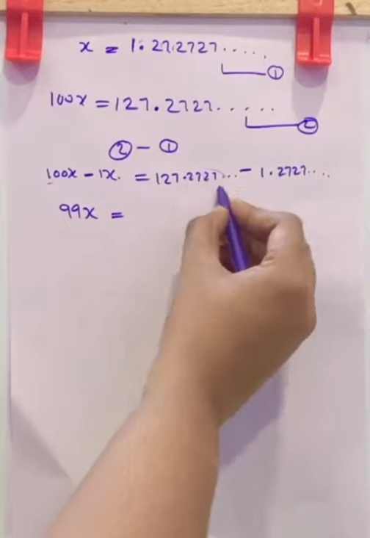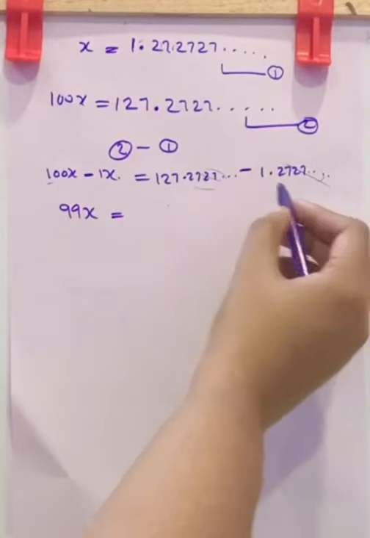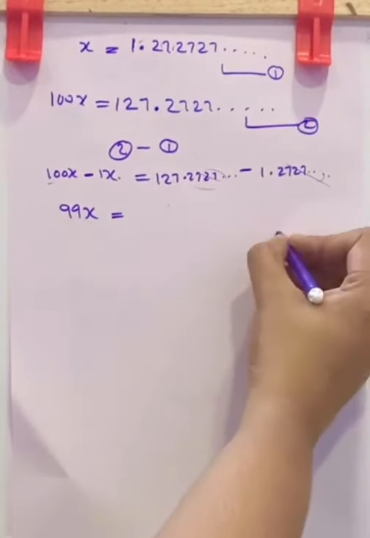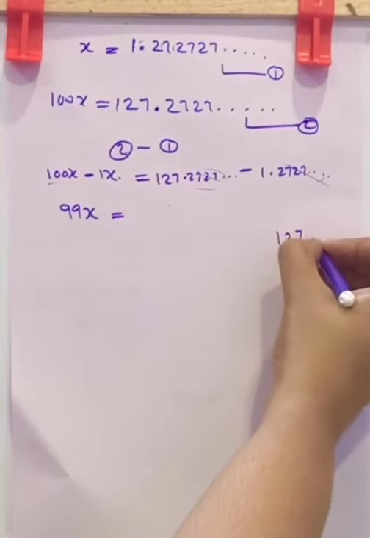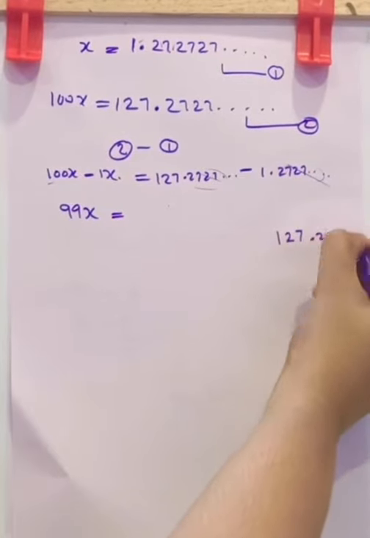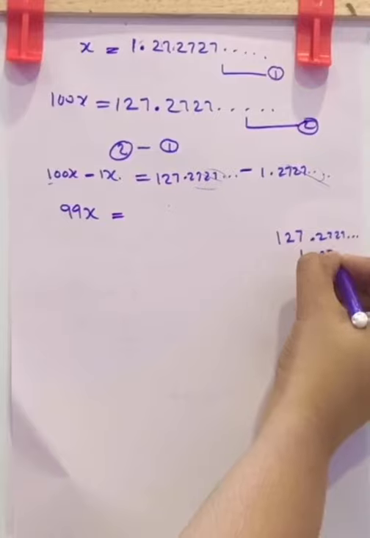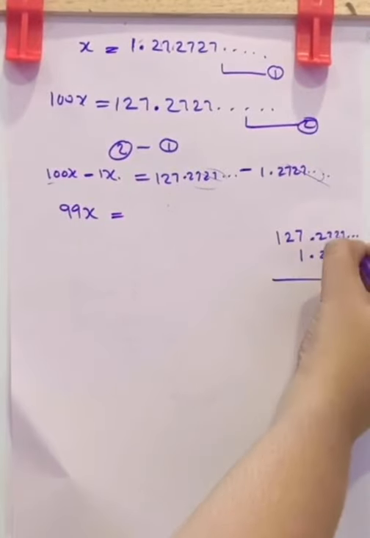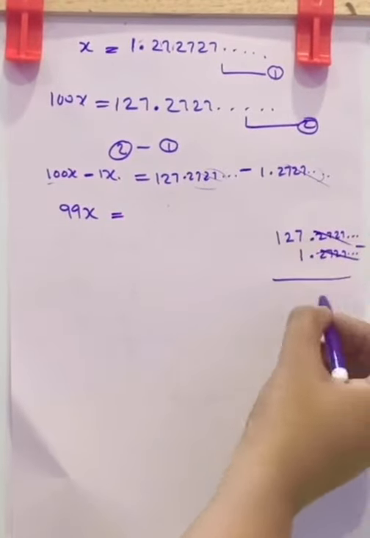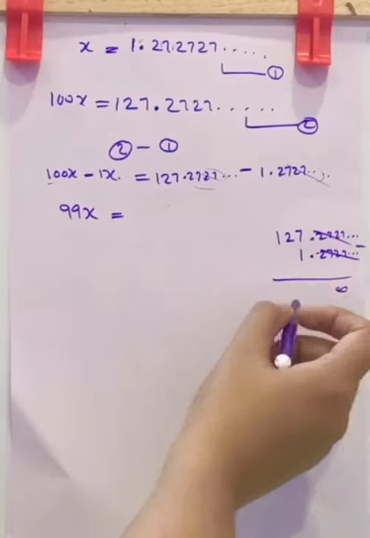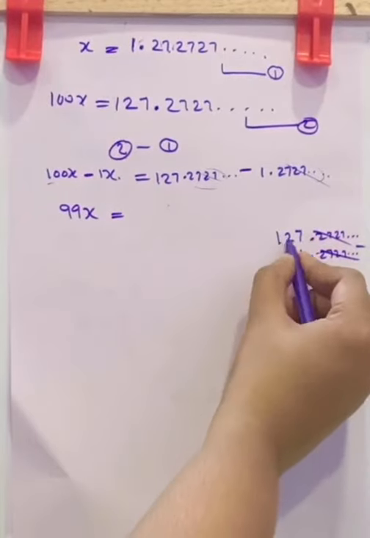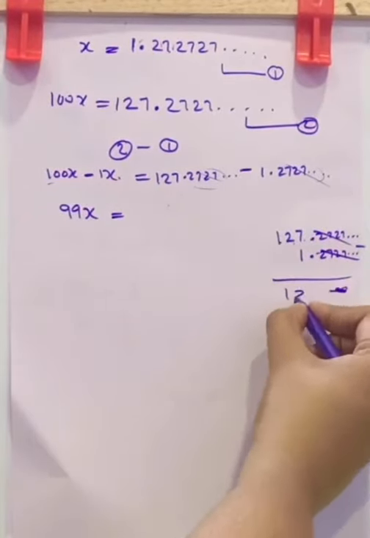The decimal part is the same, so it will cancel. I'll show it like this also: 127.2727 etc. and 1.2727 etc. While subtracting, the decimal part will be 0. Don't need to write it here. Now 127 minus 1 is 126.